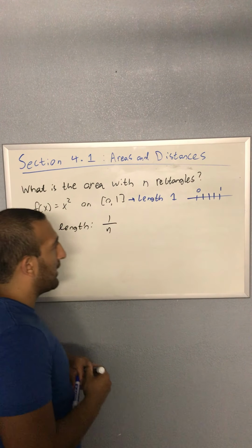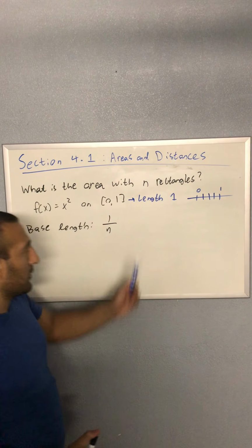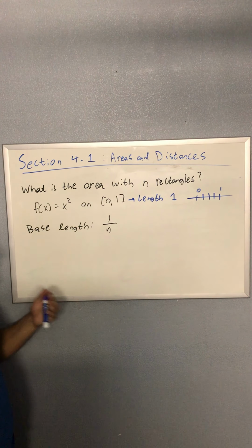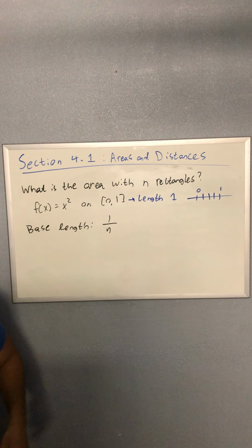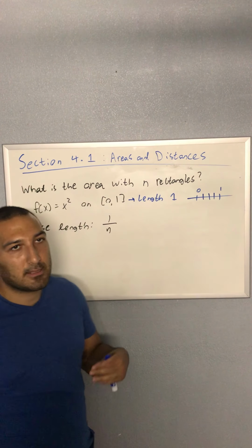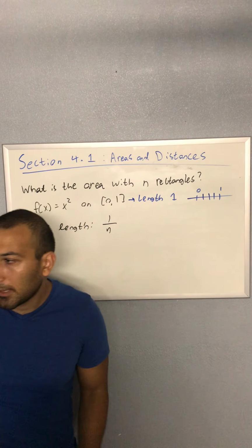That's how wide each of these is, depending on what we take n to be. So we have an arbitrary value n, and this is what the base length is going to be. Okay?